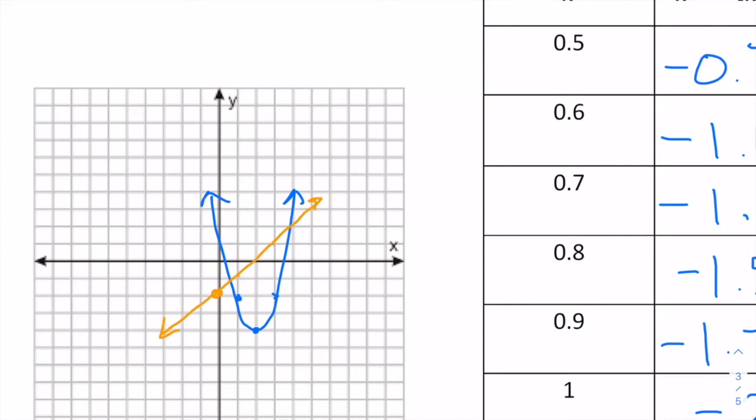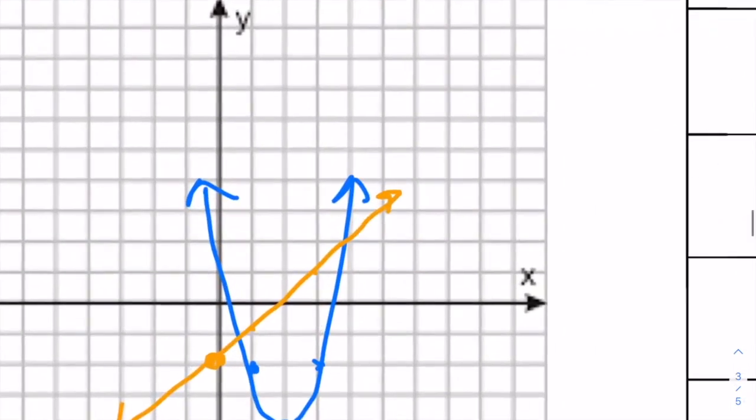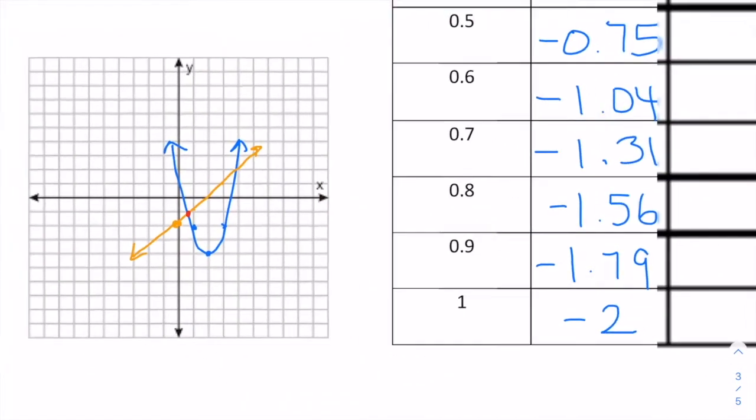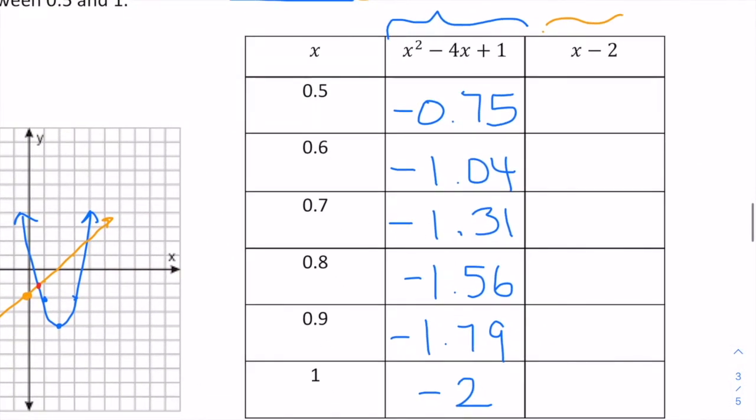Okay, so I can see right away that this point right here is going to be in between 0 and 1. And it's pretty close, it's actually a little closer, so that's why I'm plugging in points that are 0.5 and 1. So let's continue with this table and see which values end up being very close.